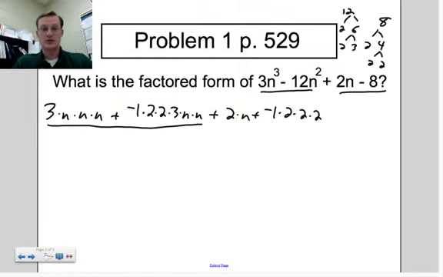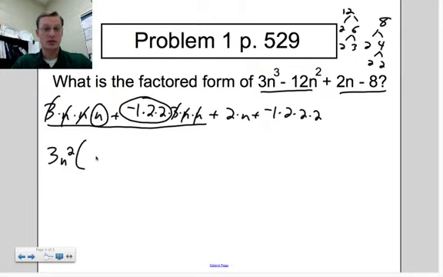Look at the first 2. I see that there's a 3 in common and at least 2 n's, so n squared. I'm going to cross these out. The 3 is in common, and 2 n's are in common. And I'm left with this n and all of this.